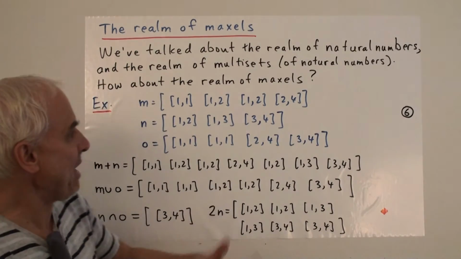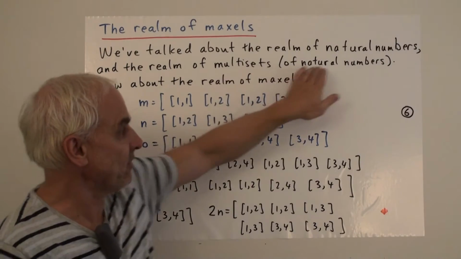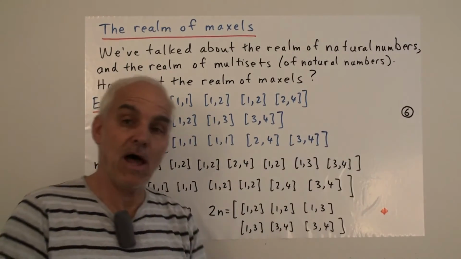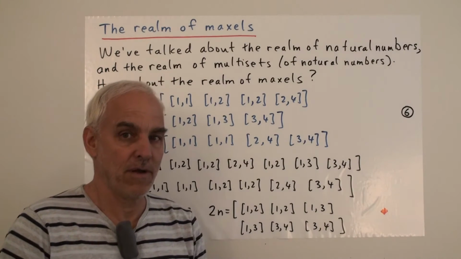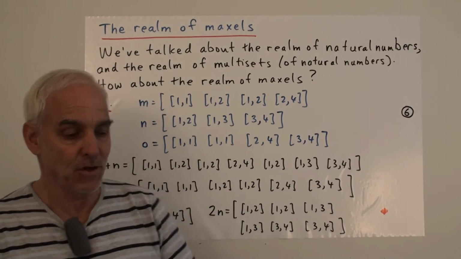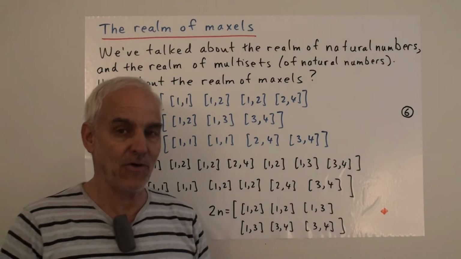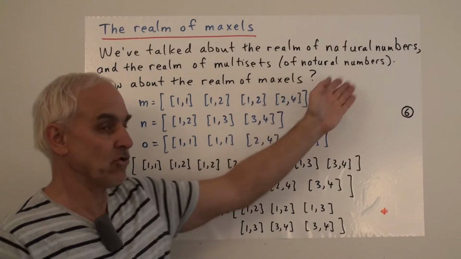So exactly the same kind of reasoning that we used in discussing multisets of natural numbers applies now to this situation of multisets of pixels. In other words, maxiles. So the maxiles themselves are going to form a realm, just like the multisets of natural numbers did.